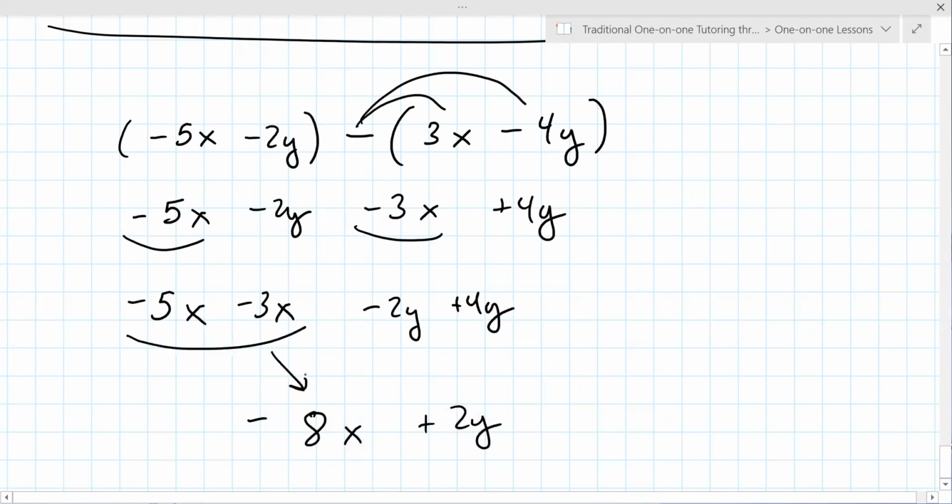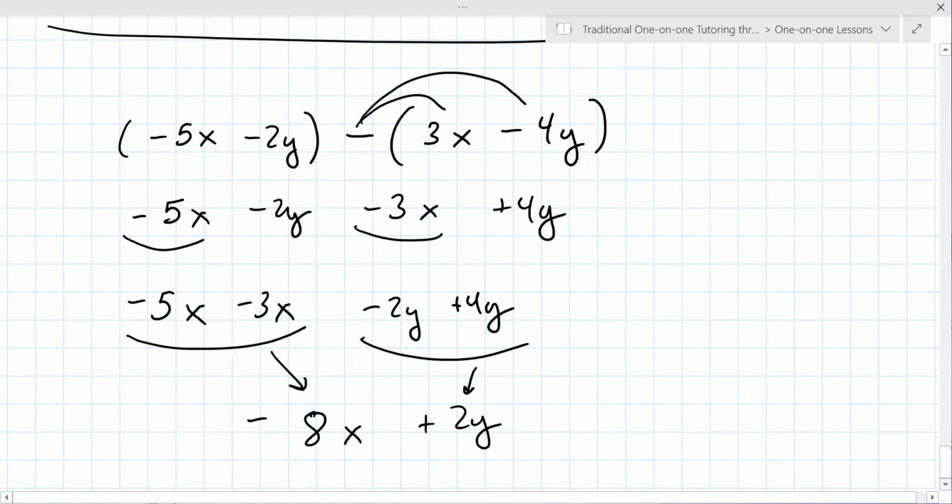These become the minus 8x and these become the 2y. Do you have to multiply the y with y? No, we're just adding and subtracting.